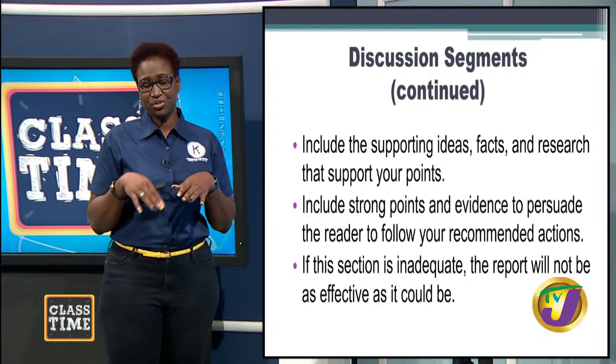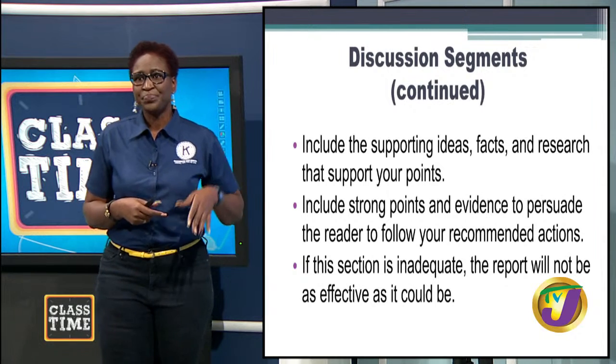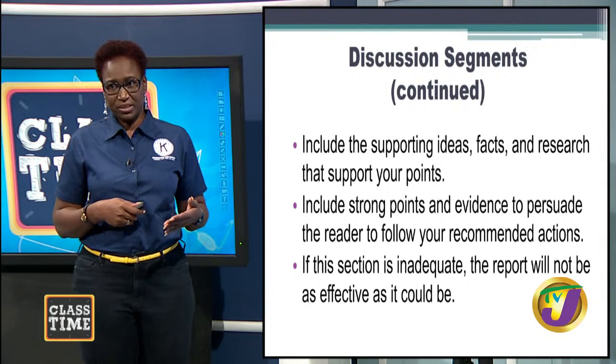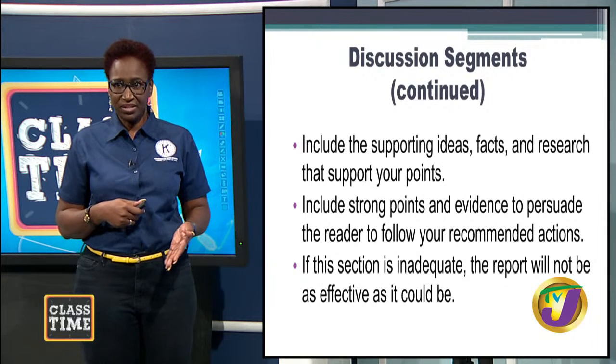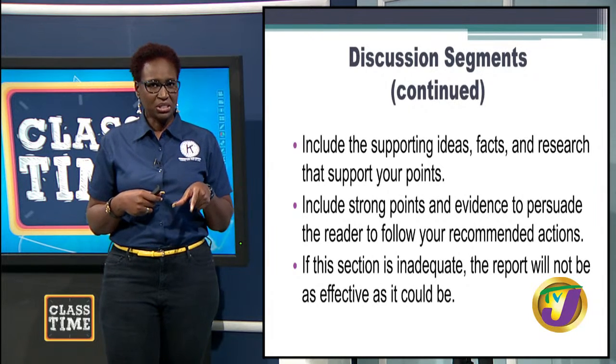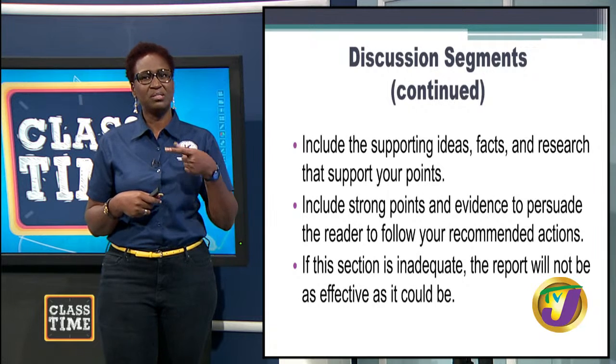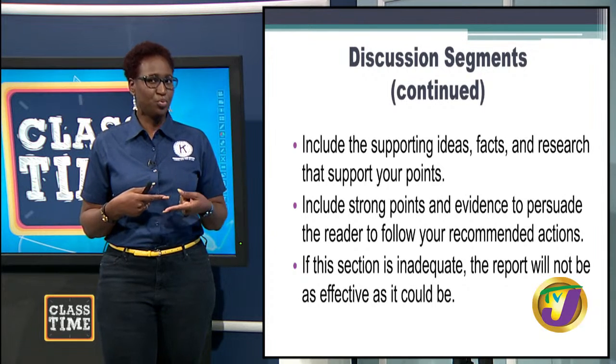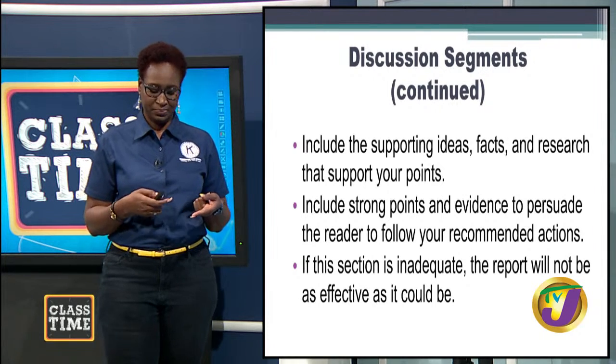So you have to make sure your supporting details are there. Include your strong points, and of course include your evidence that you need. And if this section is weak, then it stands to reason the entire report is going to be weak as well.